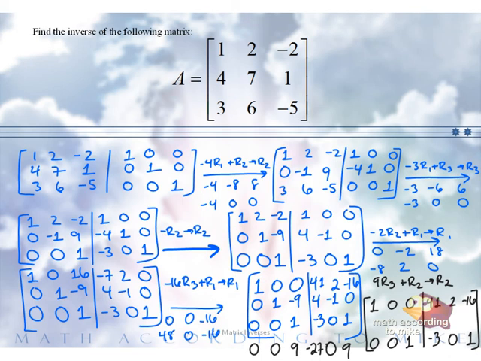Take those 6 numbers and add it to the second row. What do we get? 0, 1, 0 like we need. And then negative 23, negative 1, 9. Hooray!